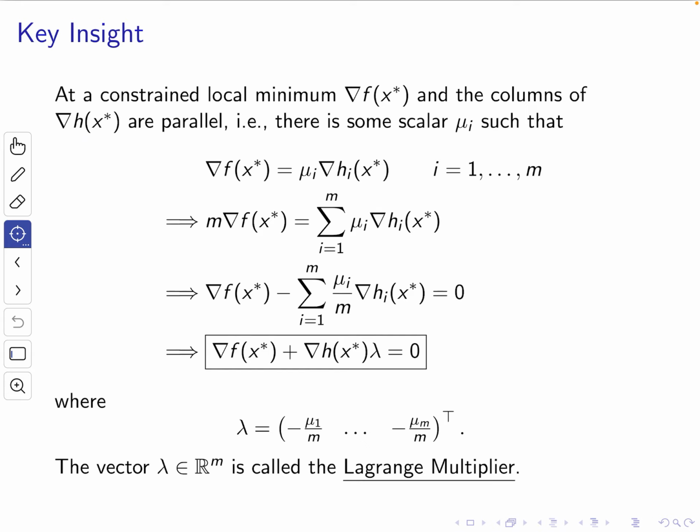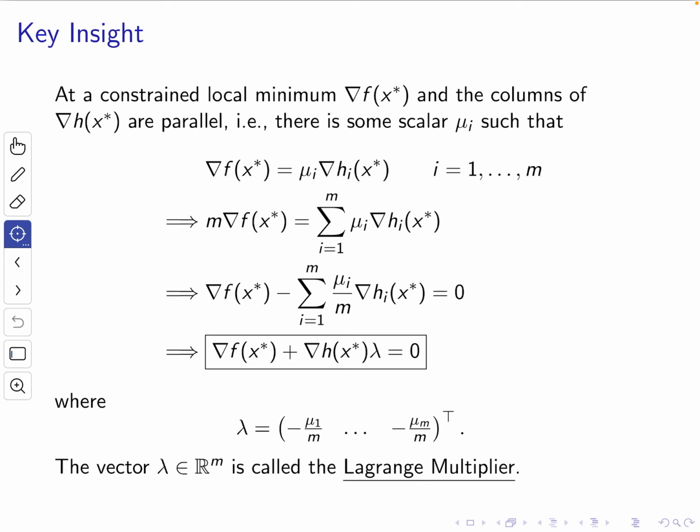Okay, so here's the takeaway. At a constrained local minimum, the gradient of f and the columns of the gradient of h are parallel. In other words, they're linearly dependent. So there's some scalar so that the gradient of f is some scalar times the gradient of h, and this is true for every one of these vectors of h.